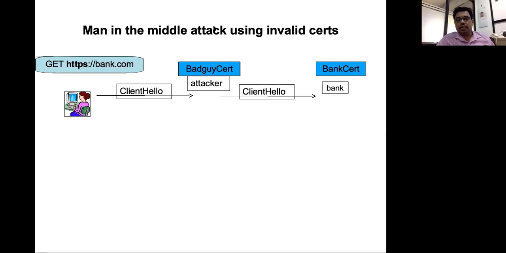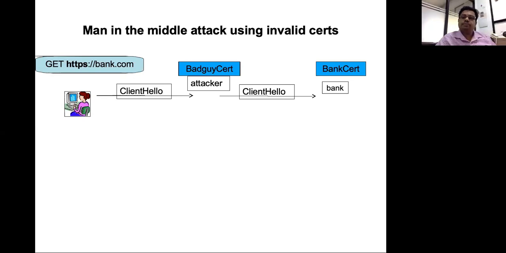We are only authenticating the servers. So we get the public key of that side, but there are no public keys from the client side. So the attacker keeps the hello message and creates a new hello to the bank. The bank doesn't know where it's from. The bank thinks it's from a browser.